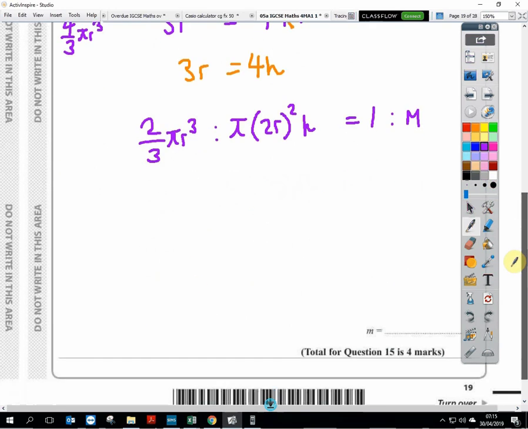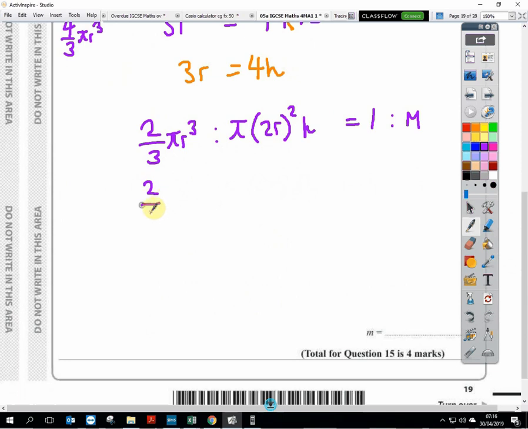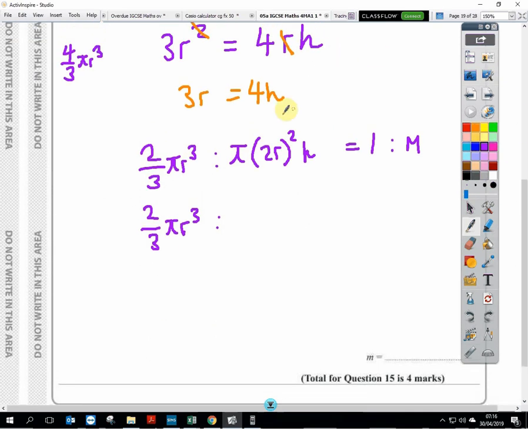Right, let's simplify a little bit on the left hand side here. We've got 2/3 pi r cubed. I'm going to try and sort this one out. So 2r all squared gives us, let's write it up here, pi times 4r squared times h. Now the problem with this line is we have a mixture of r's and h's. So now I've realised that I want to make h the subject in the line above. Then I can replace it with r. If I make h the subject, we have 3/4r is equal to h.